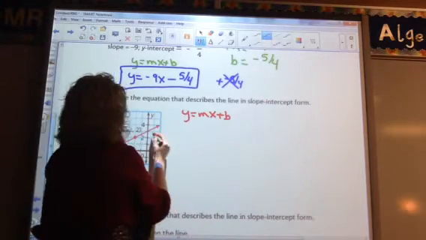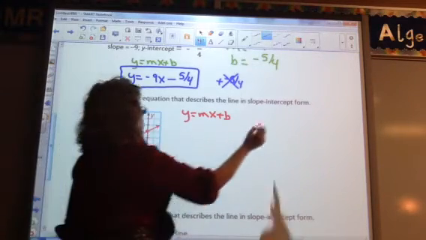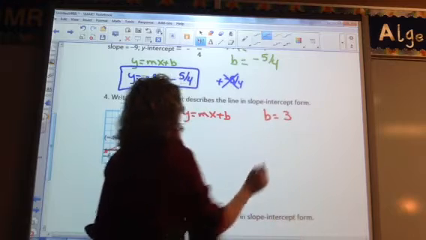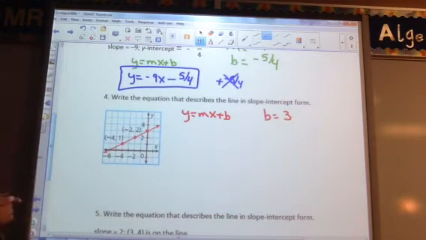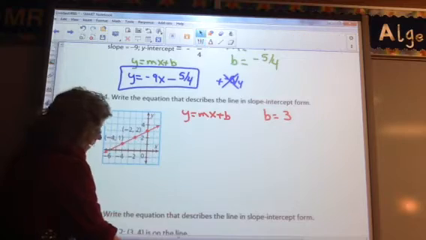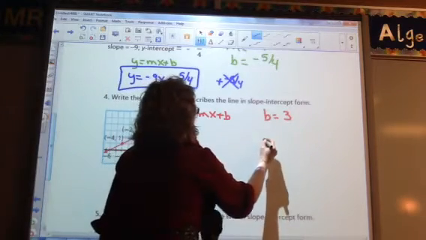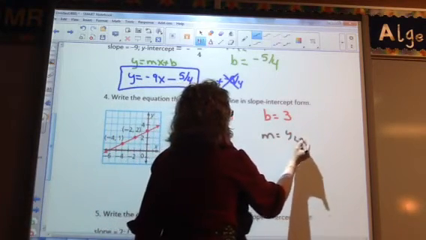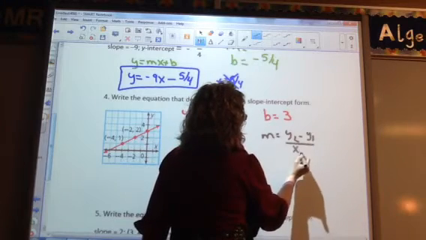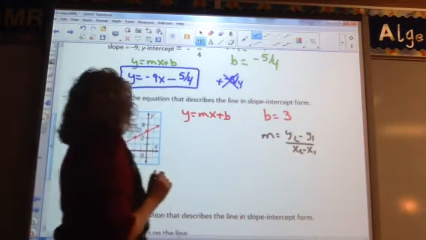Y-intercept, which is our B, crosses right here at +3. And do we have our slope? Well, we're given 2 points, so we can find our slope. Remember, our slope is the difference of our y values over the difference of our x values.